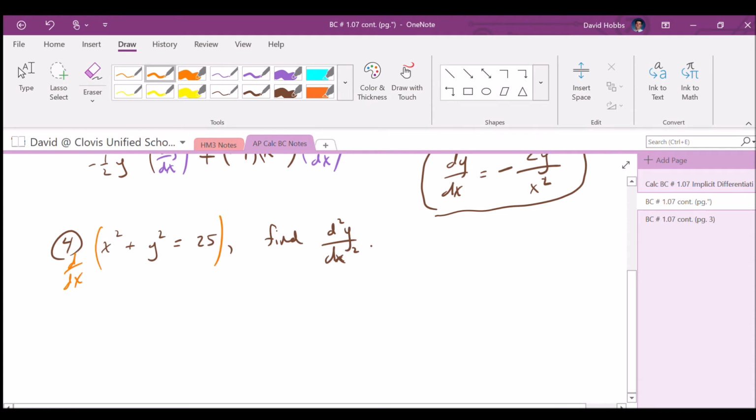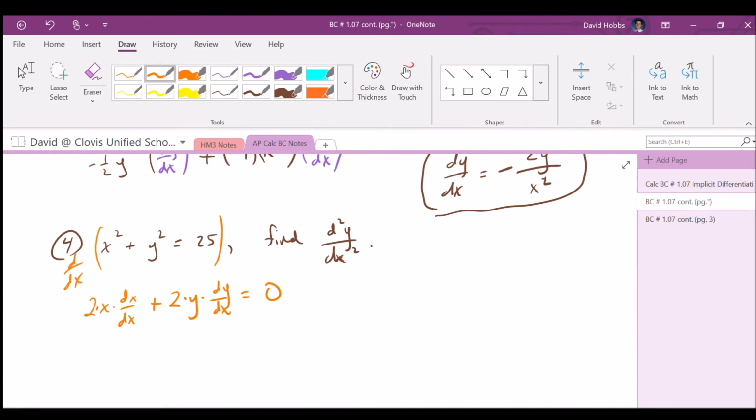Okay, so the derivative of x squared with respect to x, I have 2 times x to the first times the derivative of the guts with respect to itself, dx dx. Okay, plus I have 2 times y to the first times the derivative of the guts with respect to x, so dy dx equals 0, because the derivative of a constant is 0.